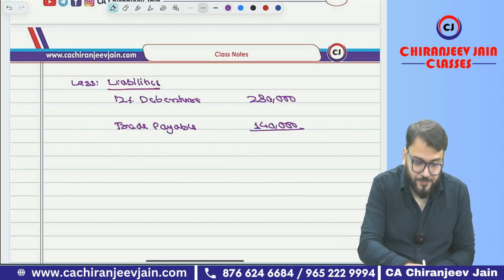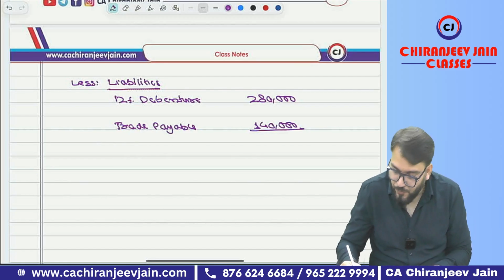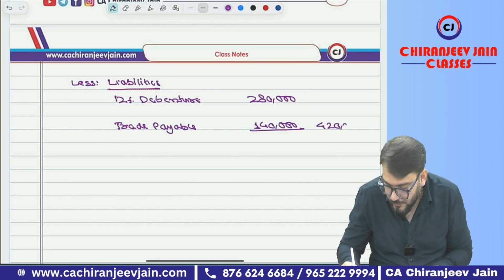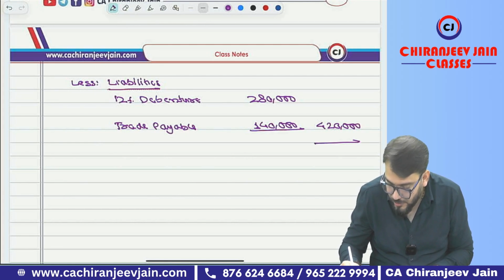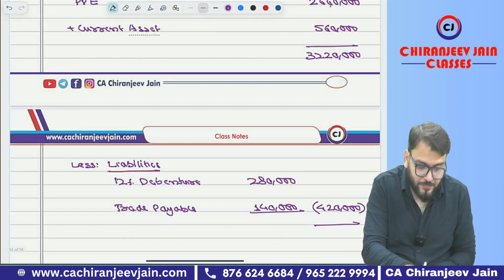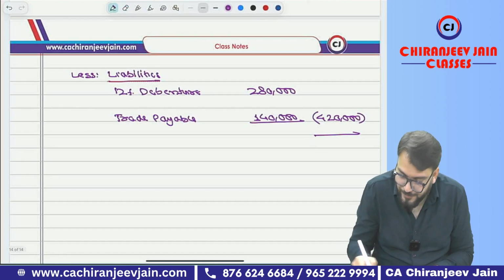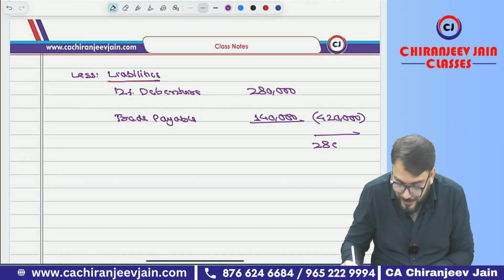Are you getting what I am saying? So 2,80,000 plus 1,40,000 is 4,20,000. So this will be deducted. 32,20,000 minus 4,20,000, the closing capital employed will be 28 lakh.